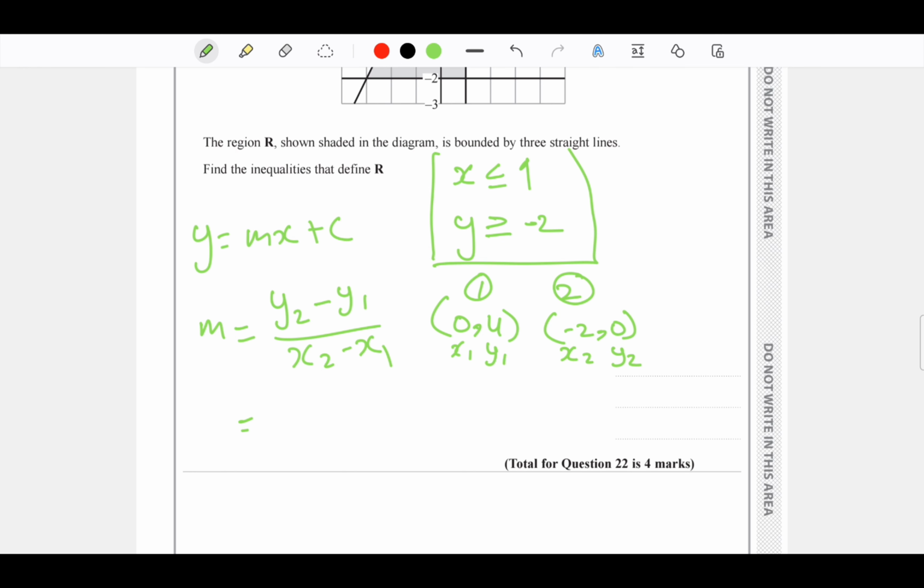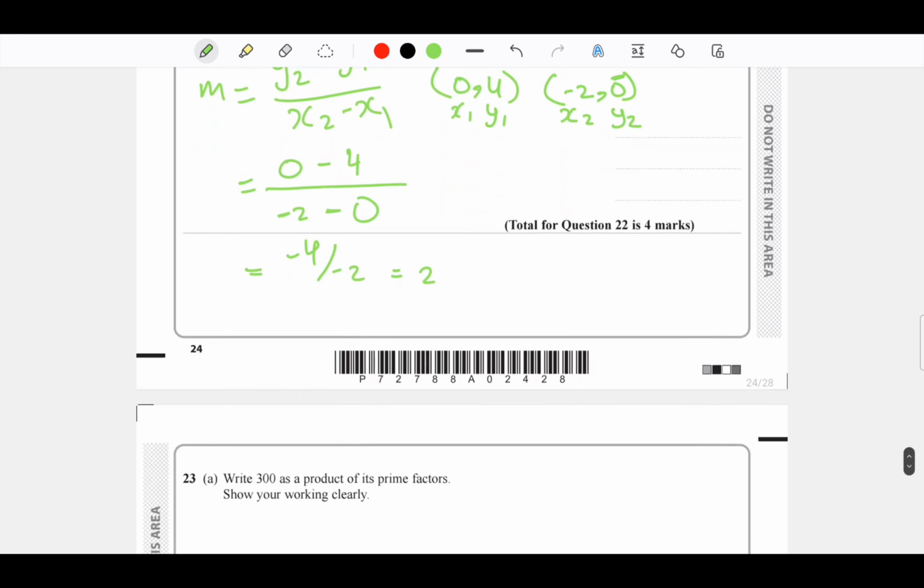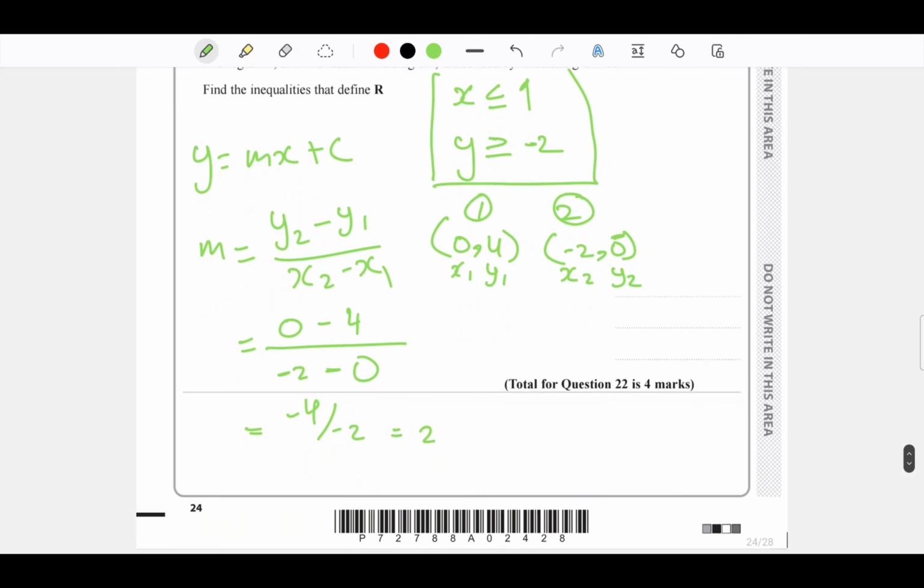Fill in the blanks. This would be y2, which is 0, minus y1, which is 4, divided by x2, which is negative 2, minus x1, which is 0. Our answer would be negative 4 over negative 2, which is 2. So we got m. m is 2. That is our gradient.